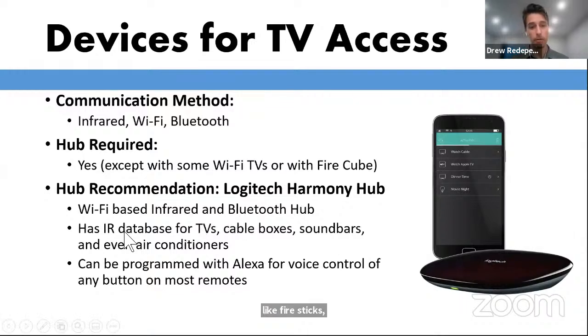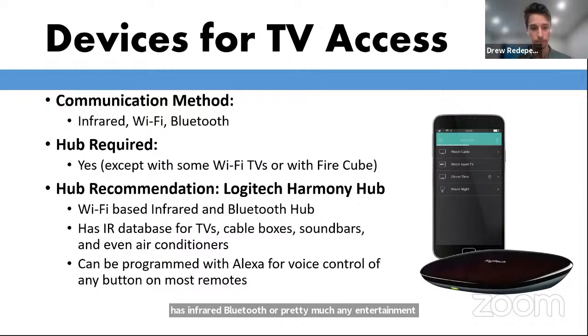It has an IR database that contains 100,000 plus devices, and it's constantly being added to. So pretty much any entertainment device in your home can be controlled by the Harmony Hub if it's programmed correctly. It can be programmed with Alexa for voice control of any button on most remotes. I'll talk a little more about this in the coming slides.